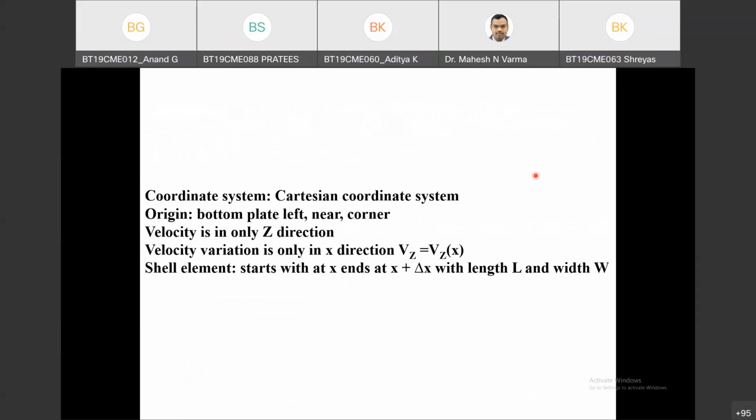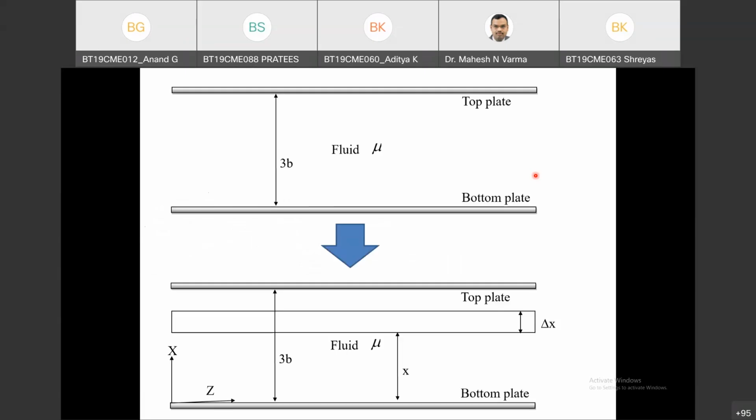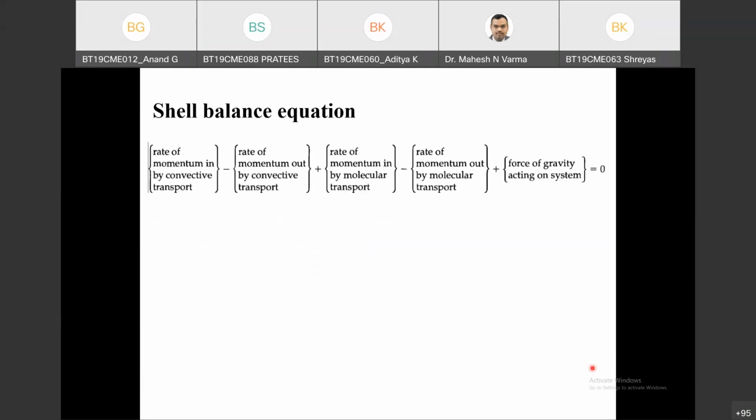Velocity is there only in the z direction, and it is a function of x only. The shell has a differential thickness in the x direction only, because properties are varying in the x direction. Length is L, width is W. So this is the shell, exactly similar to the previous problem.